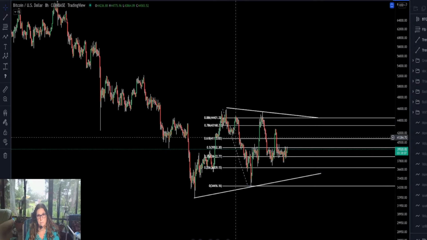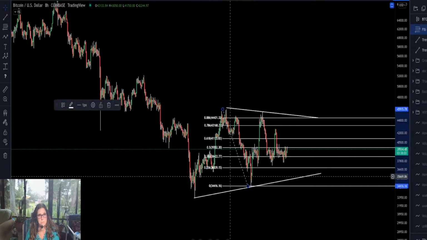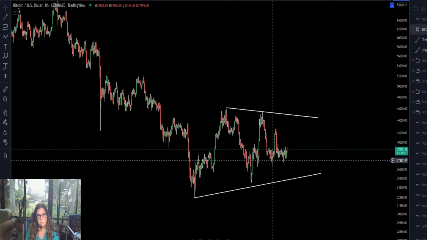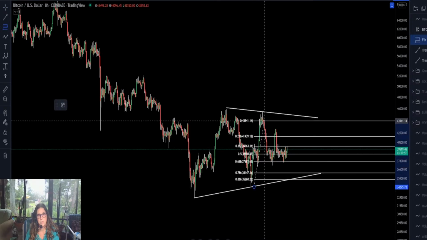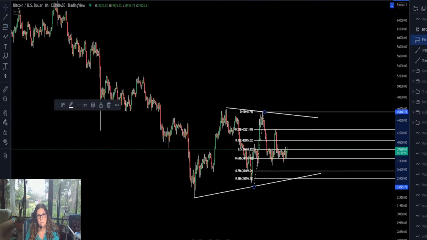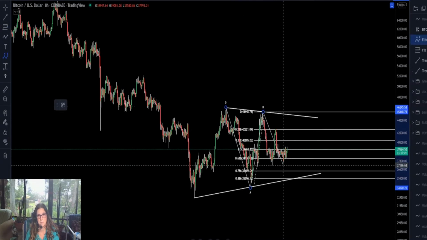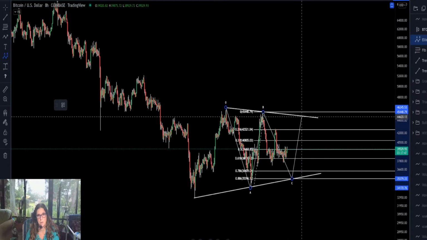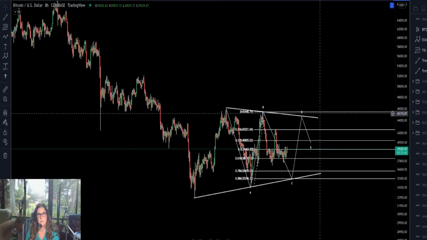This leg coming down, if you measure it this way, hit an 886. So that tells us that this leg should at least get close to the 886. So right about there, okay? And then the D leg will hit very close to an 886.